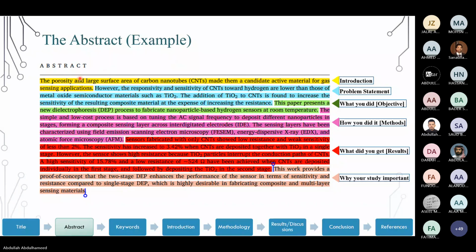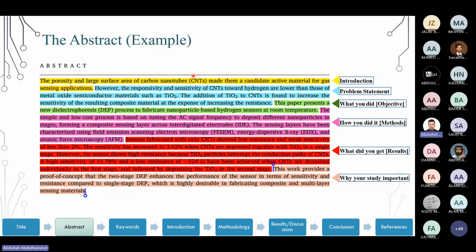So what I do in the first sentence, I just give an introduction, which is the literature review, in only one sentence. What are carbon nanotubes and what are the applications? So basically, I say carbon nanotubes make good candidate active material for gas sensing applications. Finish. Then in the next two sentences, I focus more on the problem statement.